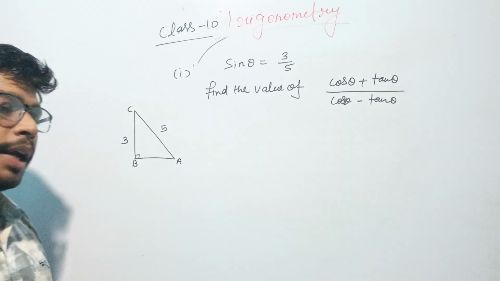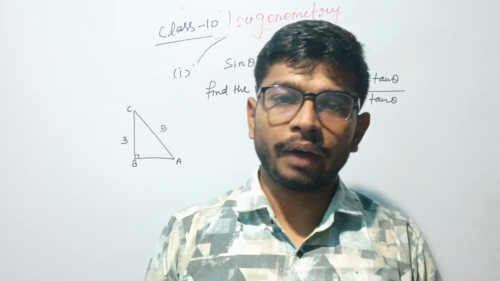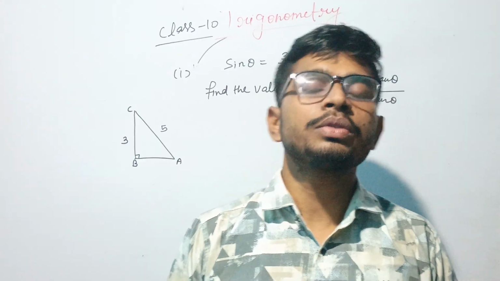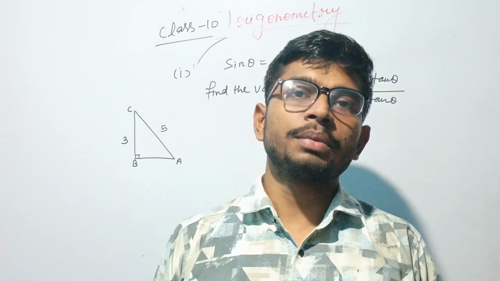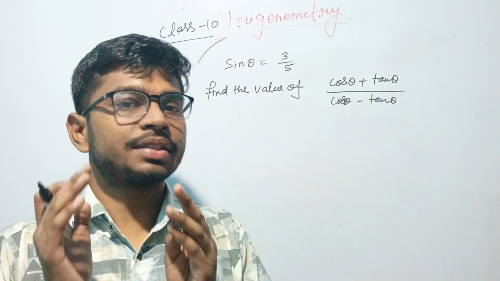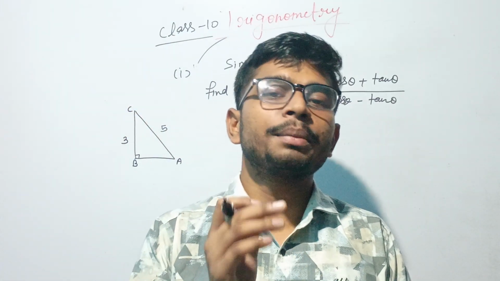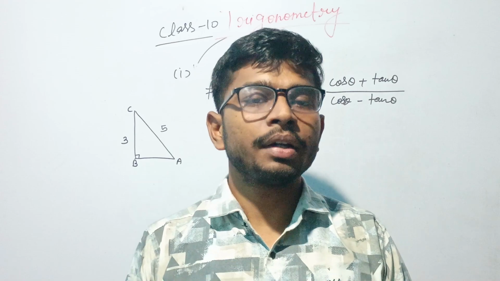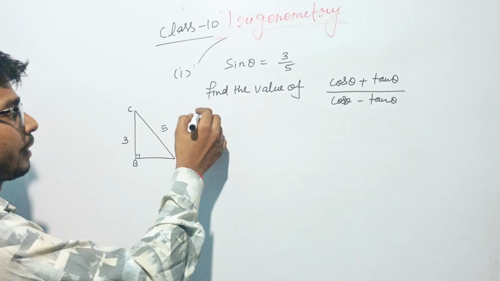Again I told you, if two sides are given and you have to find the third side of any right angle triangle, we can use the Pythagoras theorem. What is the Pythagoras theorem? The square of the longest side, which is the hypotenuse, is equal to the sum of the squares of the remaining two sides. So what is the longest side? This AC.